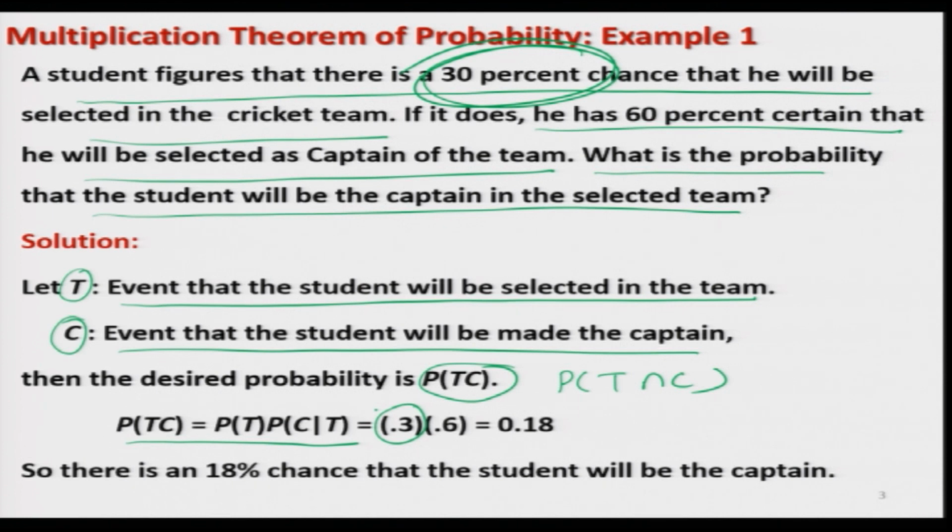And the probability that the student becomes the captain, given that he is selected in the team, is 60%. So, probability of C given T is 0.6, and this comes out to be 0.18. So, there is an 18% chance that the student will be selected as the captain after getting into the team.